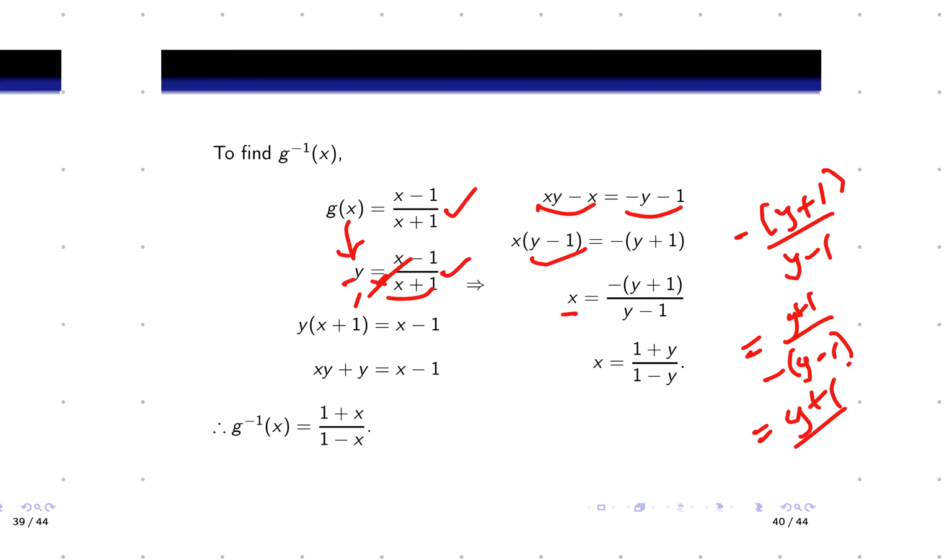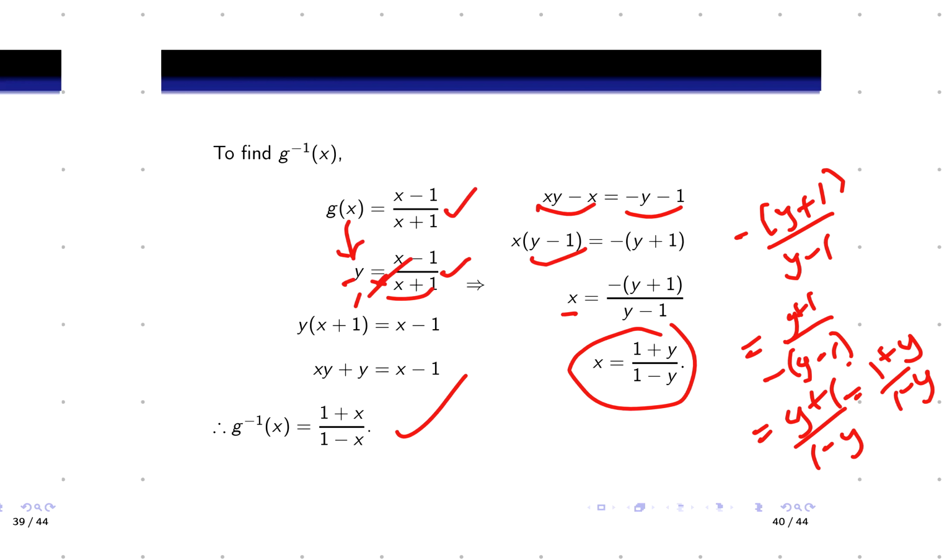Of course, y plus 1 is the same thing as 1 plus y, all over 1 minus y. I just like this arrangement for some kind of perfectionistic behavior, and then you see this is g inverse of x. So g inverse of x is 1 plus x over 1 minus x. Starting from x minus 1 over x plus 1, which is g of x, g inverse is 1 plus x over 1 minus x. Okay, so we are still on the journey.